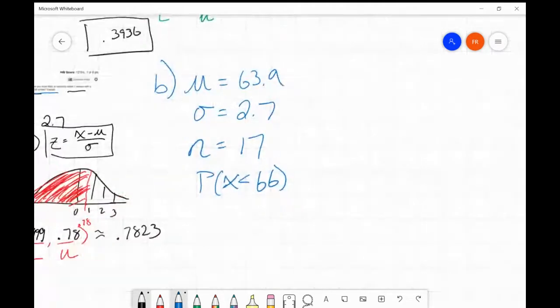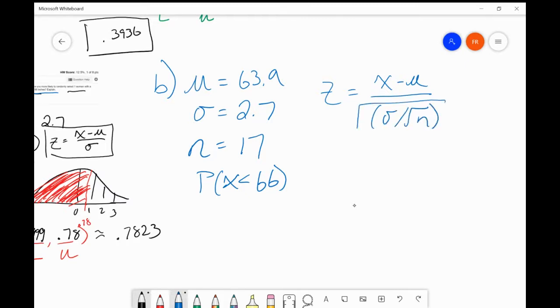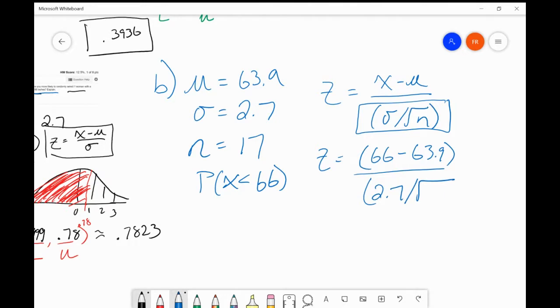We're going to convert this again to a z-score, but because we're using a sample, my formula is slightly different. And this is the only part that's really different in that formula. So I'm going to write 66 minus 63.9 divided by 2.7 divided by the square root of 17. We said we're looking at a sample of 17.